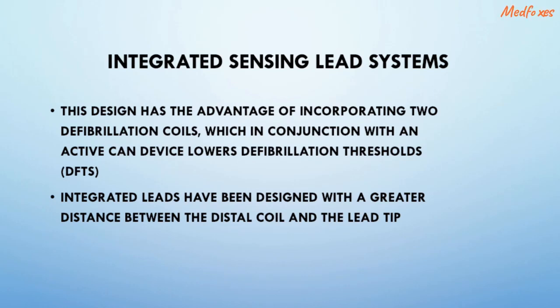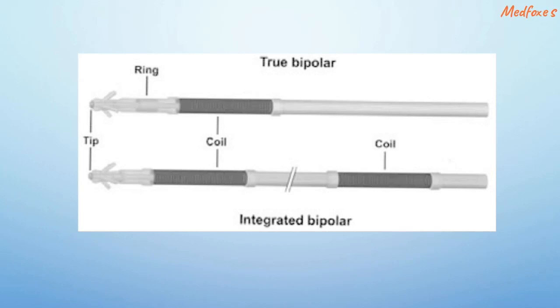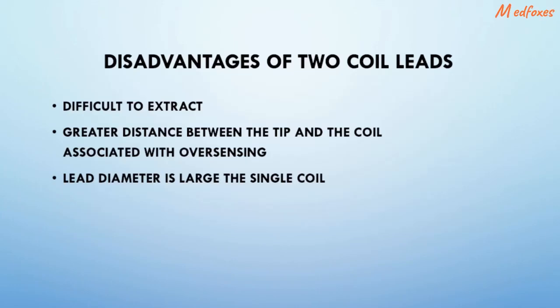Although having two coils in ICD leads offers modest advantages in terms of lowering the defibrillation threshold, disadvantages still exist. This slide shows the image of typical lead designs. Disadvantages still exist when lead extraction becomes necessary.